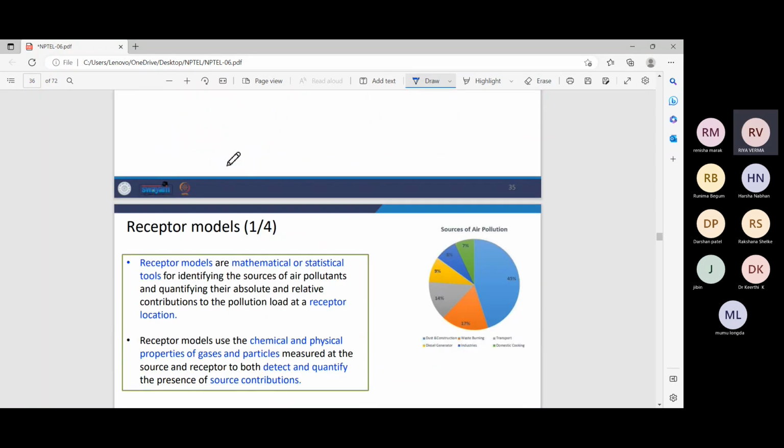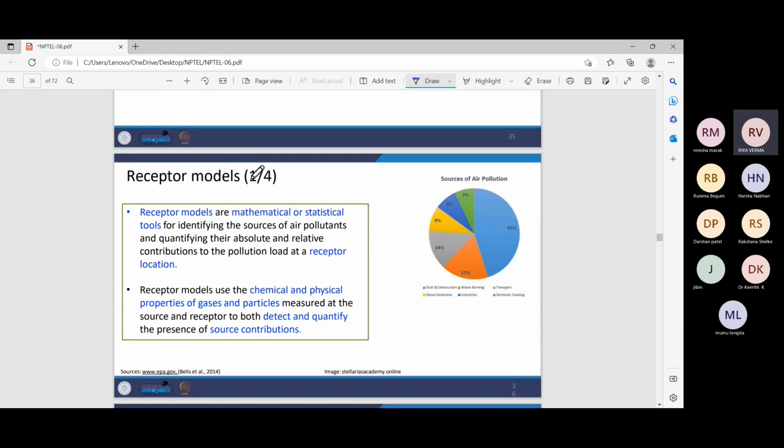Let's go through the basics. Receptor models are statistical tools that are used to identify the sources of air pollutants and then quantify their absolute and relative contributions to the pollution load.